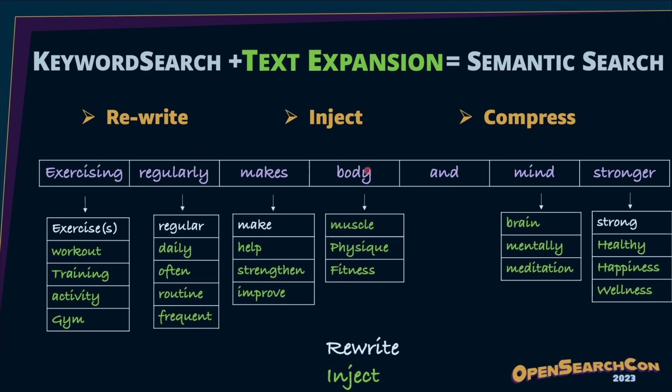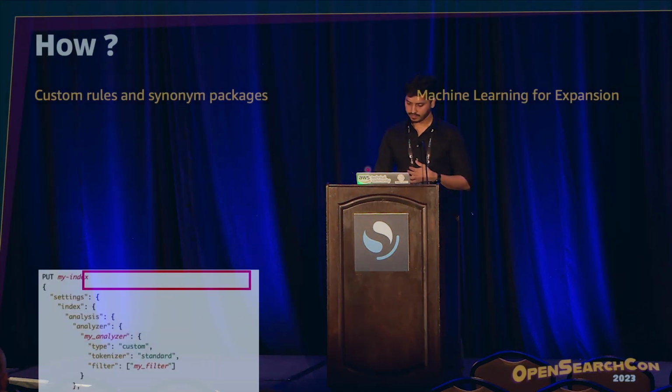So likewise, if you are able to rewrite and inject the complete document term by term or the document in total, then we can achieve this text expansion added to keyword search and make it work like a semantic search. We will cover compression in the further slides, but basically we are trying to talk about rewriting and injecting your documents and queries.